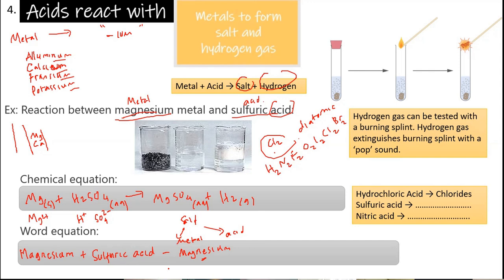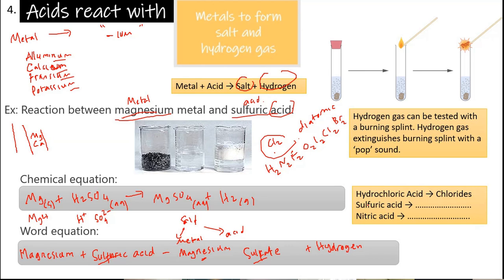Because the acid is sulfuric acid, it becomes sulfate. Magnesium sulfate, plus hydrogen gas.